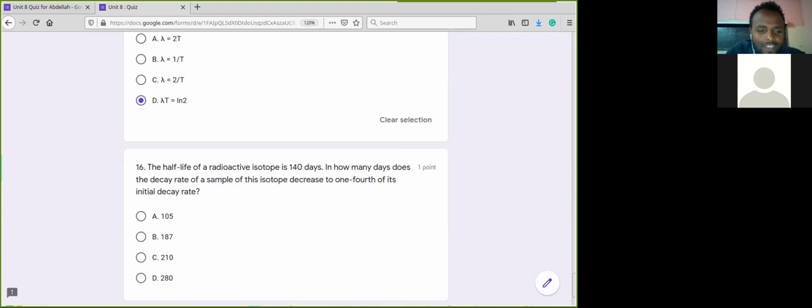How did you get it? After the first half-life, 50% will be remaining. After the second half-life, 25% will be remaining. So 2 times the half-life will be 280 days. Very good. The correct answer is 280.